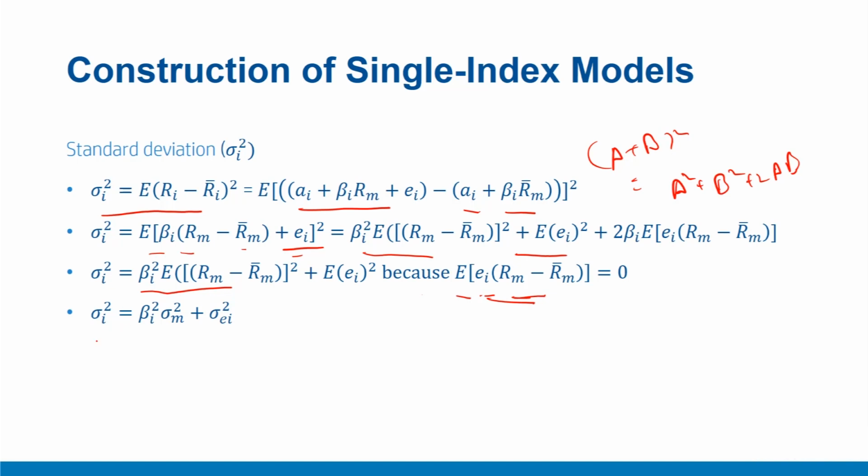So the resulting expression for standard deviation becomes sigma i square equals beta i square times sigma m square plus sigma ei square. Notice it does not include a common term between error and Rm, because by assumption, as well as to a great extent by the design and construction of the regression model, there is no correlation between error and market returns.